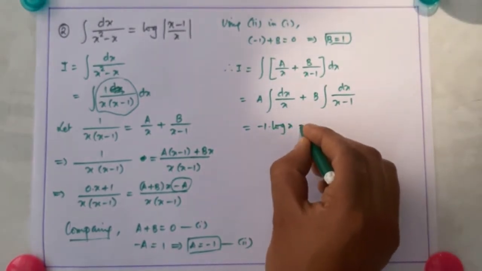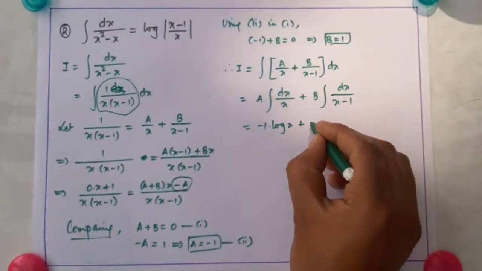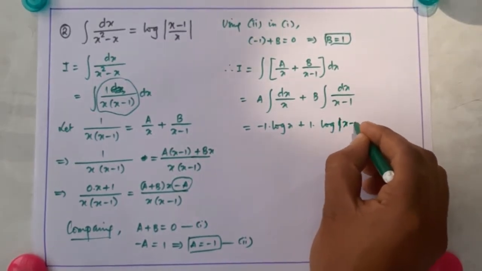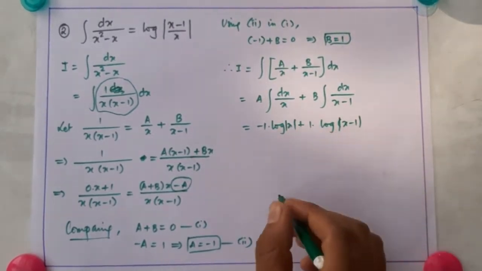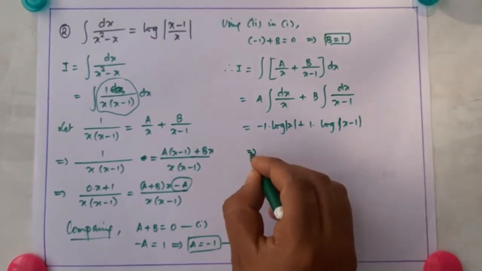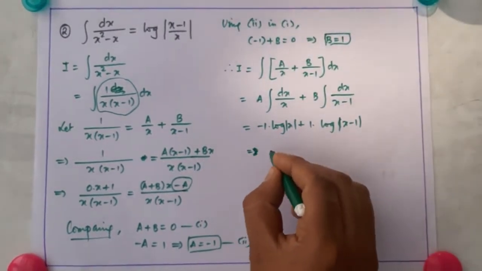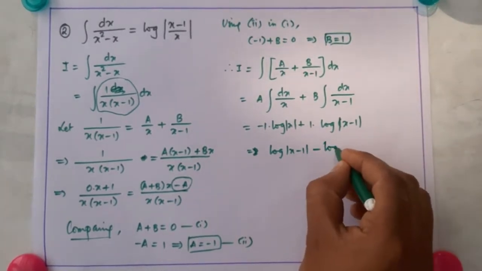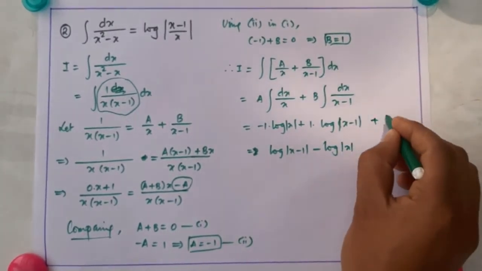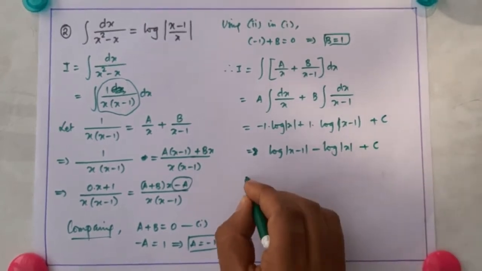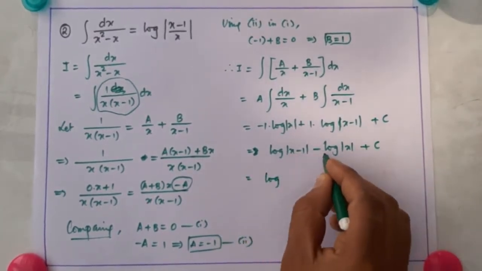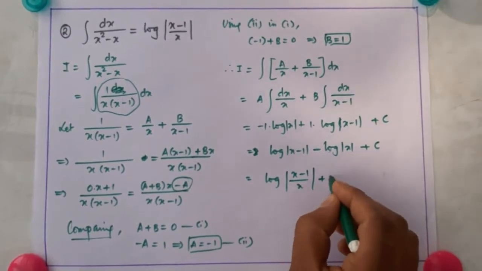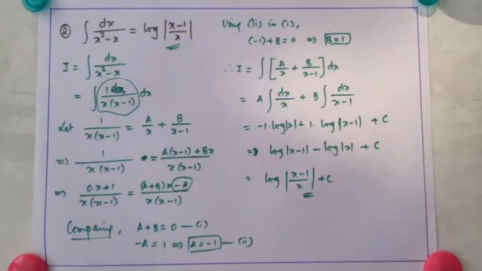The integral of this is log x, plus b is 1, so 1 into log of x minus 1. You can put a modulus here. So this can be written as log of x minus 1 minus log x, with the constant of integration, do not forget it. So this becomes log a minus log b, which is log a by b. So that's what we need to verify, isn't it?